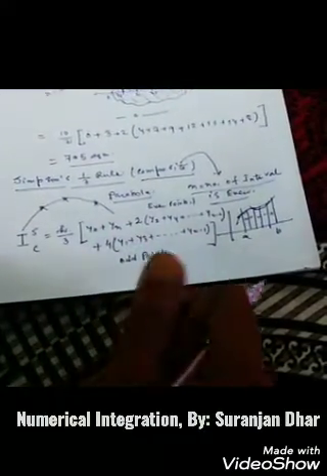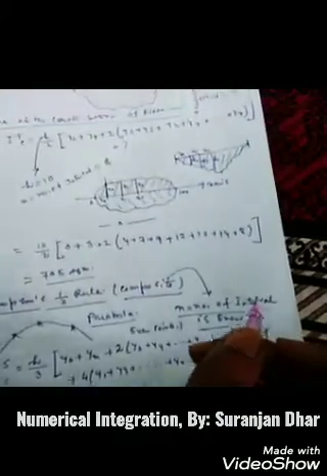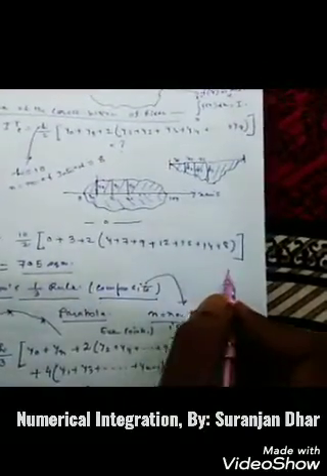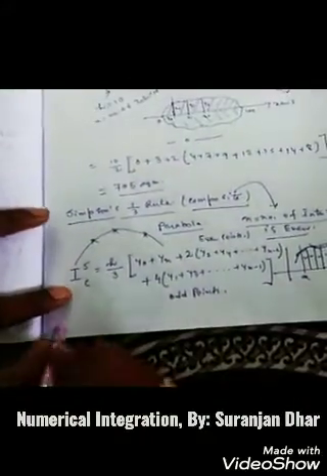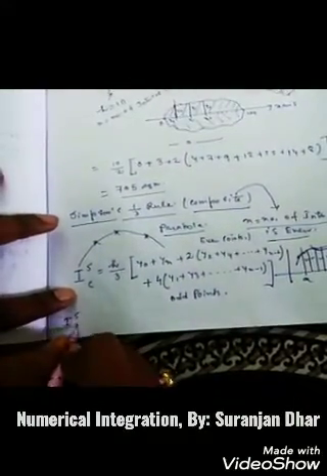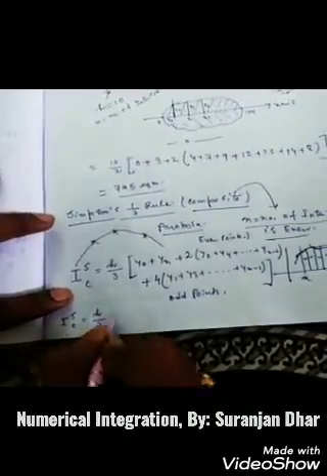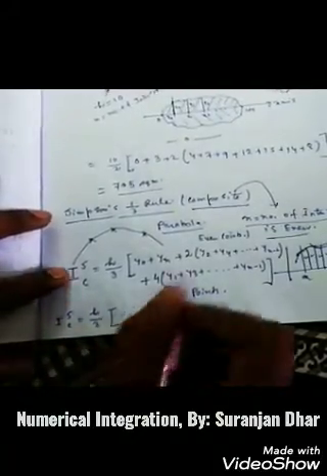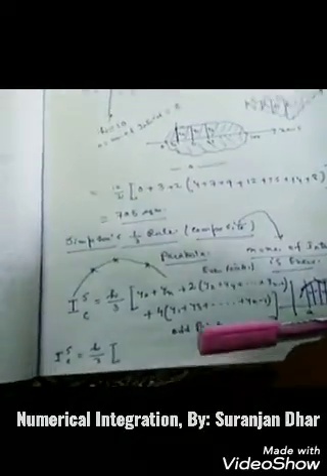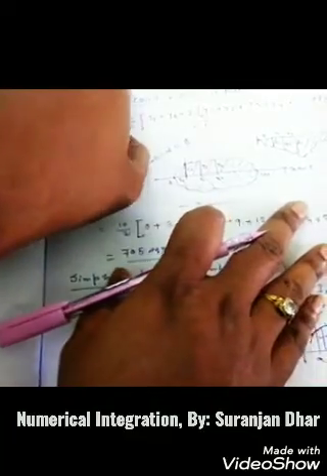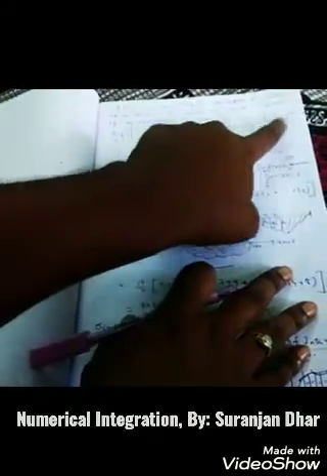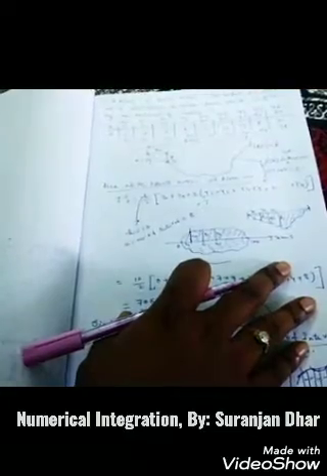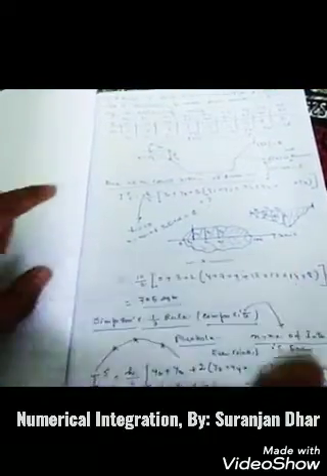In the previous problem, if we do it with the help of Simpson's 1/3 rule, what should be the solution? Now see here, I_SC, h by 3. The total points were 1, 2, 3, 4, 5, 6, 7, 8, 9, so the number of intervals is 8, and we can apply Simpson's 1/3 rule.